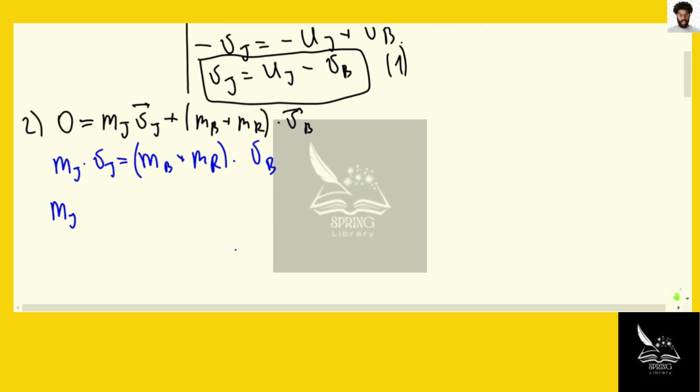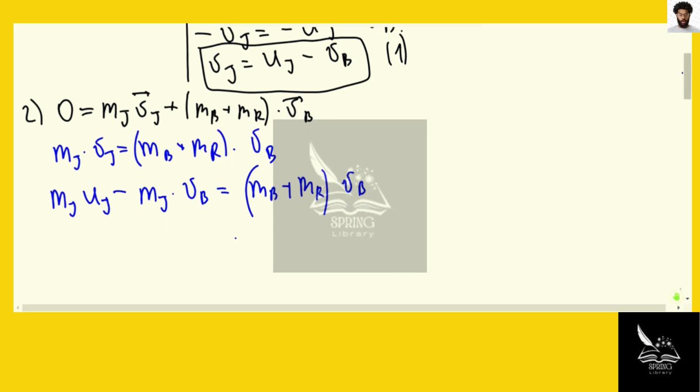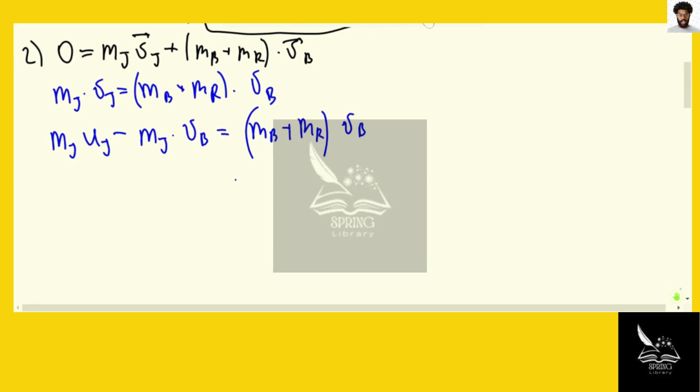Mass of Juliet multiplied by speed of Juliet versus the boat, minus mass of Juliet multiplied by speed of the boat versus water, equals the sum of mass of the boat and Romeo multiplied by the speed of the boat versus water. From here we need to express the speed of the boat.